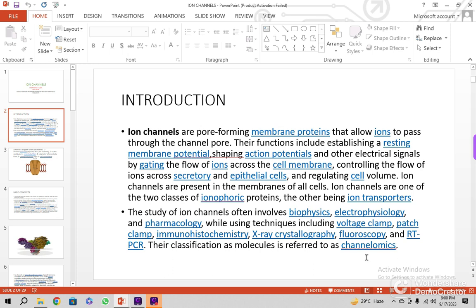Channels have gates. Gates open and close, with ion influx or efflux, and they form first the resting membrane potential and then the action potential. Afterward, if the gate is closed, the action should start according to the definition of the action potential.